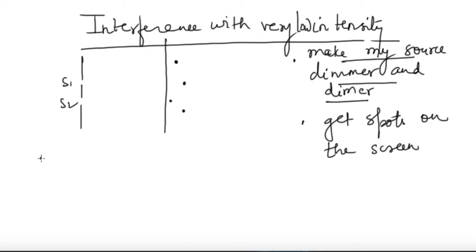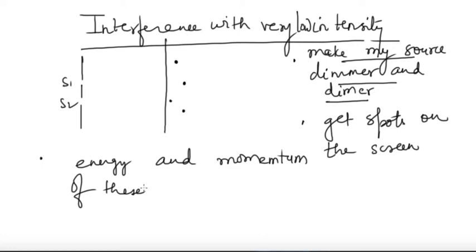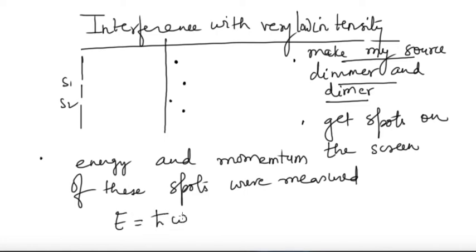When the energy and momentum of these spots were measured, it was observed that the energy of each spot was h cross omega, and the momentum was p equal to h cross k, and the energy of all the spots was the same. Now what does it infer? This was a very nice result.